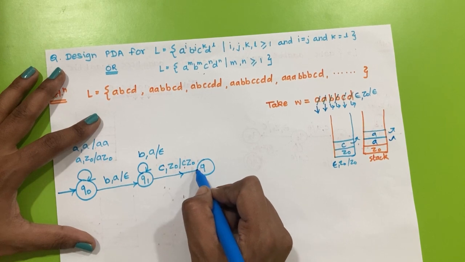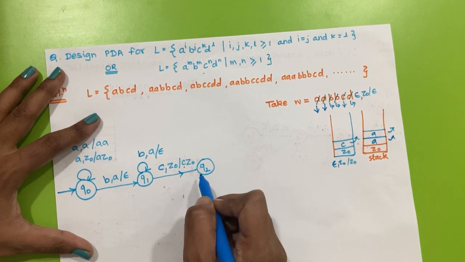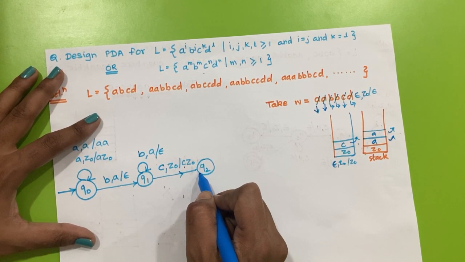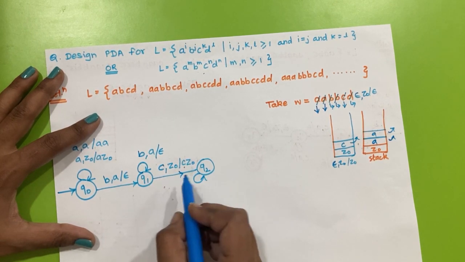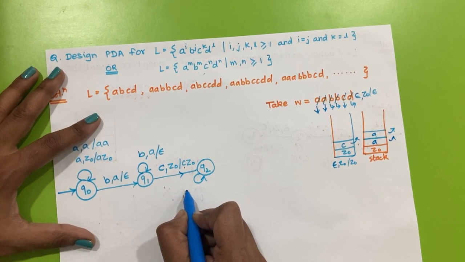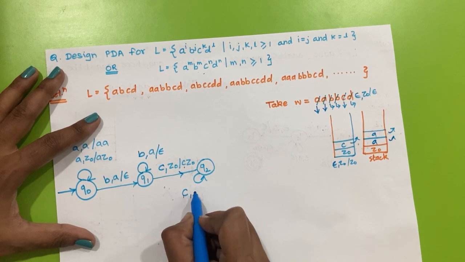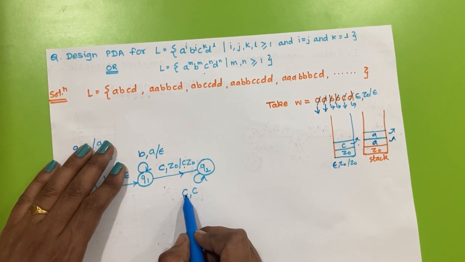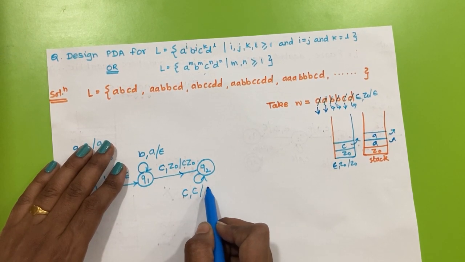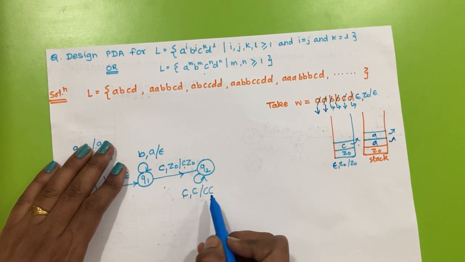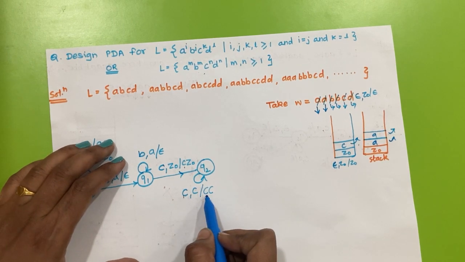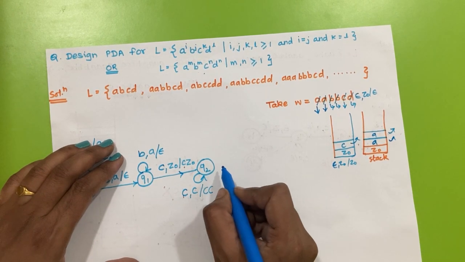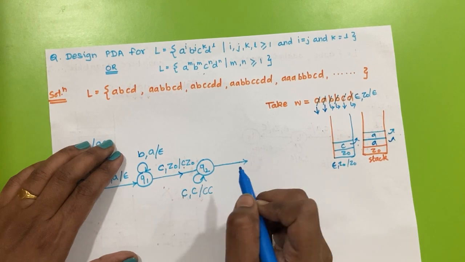It will reach state Q2, and if we have more C's to read, they will also get pushed onto stack. When we are reading input symbol C and top of stack is C, it will perform push operation, giving top as C C.